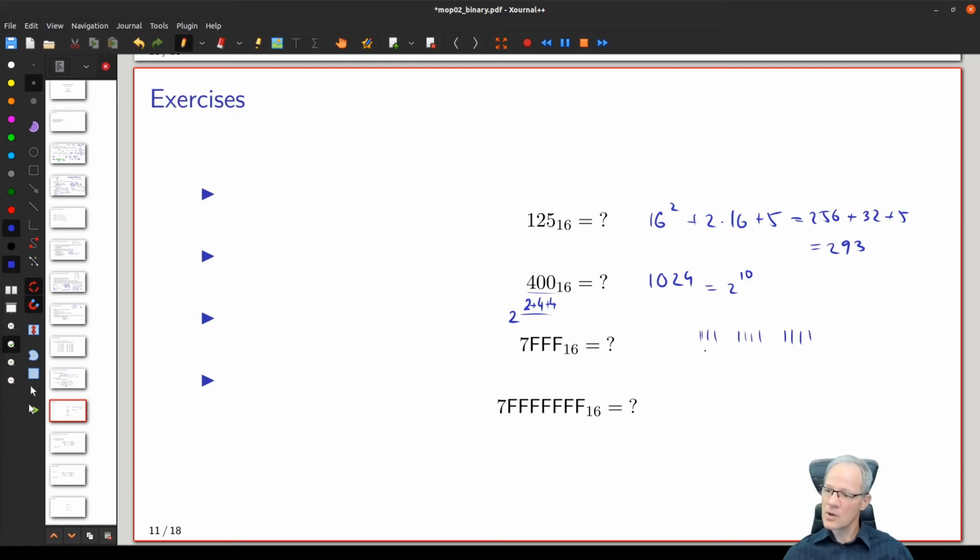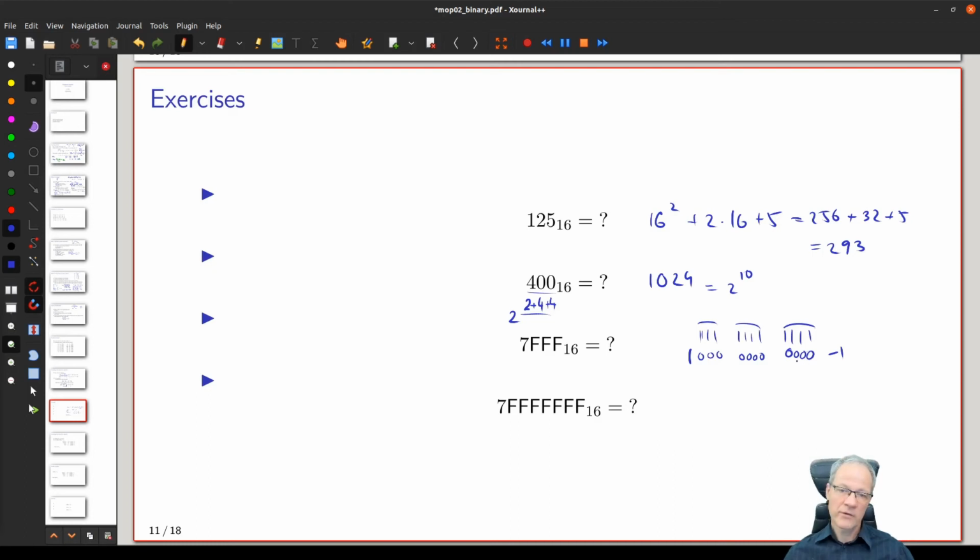So all together we have 11 bits. All of them are ones. I could write down that this is the same as 1, 0, 0, 0, 0, 0, 0, 0, 0, 0, 0, 0, right? Minus 1. If I subtract 1, then I end up with this.